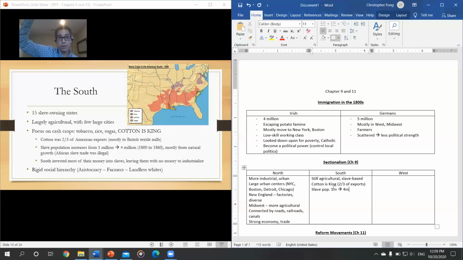The aristocracy, the super big wealthy landowners, then the smaller farmers, then the landless whites, and then the enslaved Africans or African Americans at the bottom. So there's a rigid social hierarchy, even among whites. And again, just to clarify here, not industrialized. They are still very agricultural based.